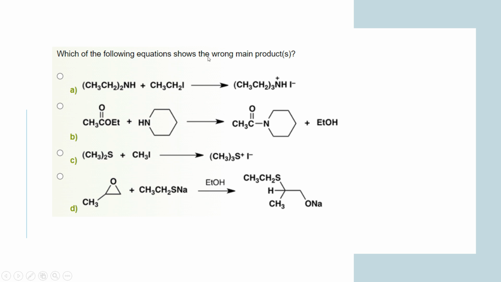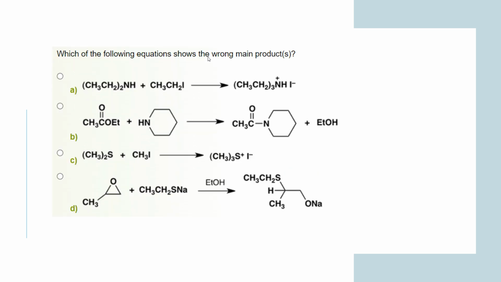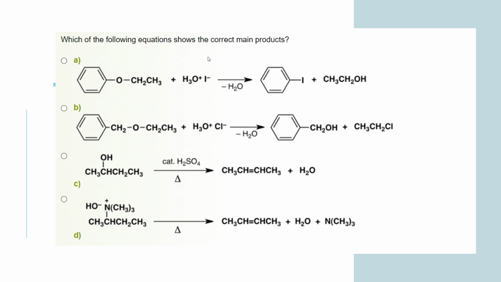Then, in the next question, we had to identify the particular option which was showing the wrong main product. After analyzing all the four options, we knew that option B was not showing the correct option.